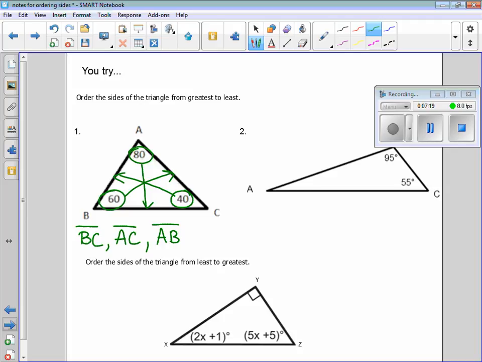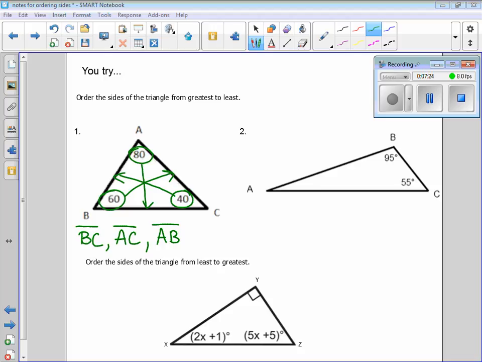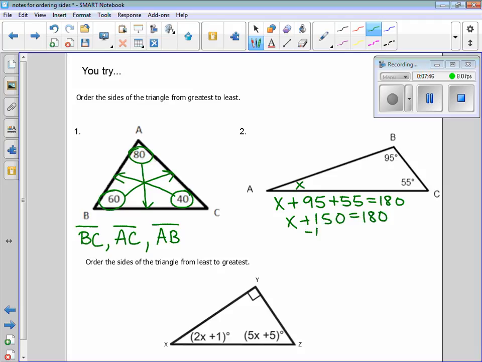Question number 2, you only have 2 angles, so you need to find the third angle so that you can order the sides. All 3 angles should add up to 180 degrees, so we put x in the angle that we don't know. Now we have x plus 95 plus 55 equals 180. 95 plus 55 is 150. Subtract 150, x equals 30.